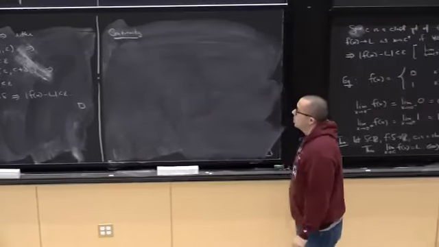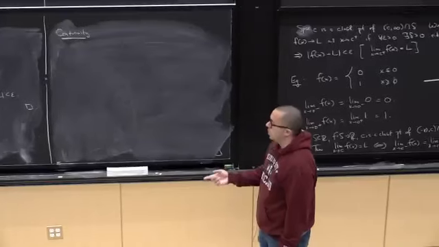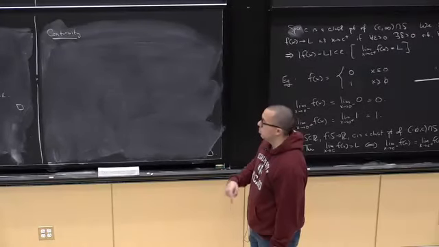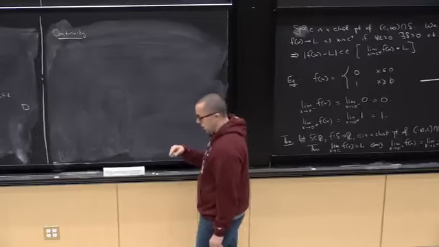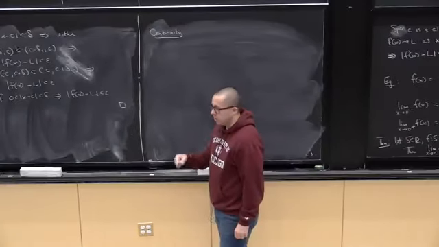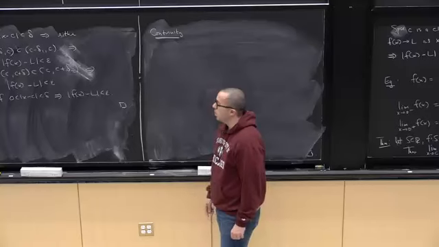Which connects the limit of a function at a point to the function, so it connects how a function behaves near a point to the function evaluated at the point. Okay?